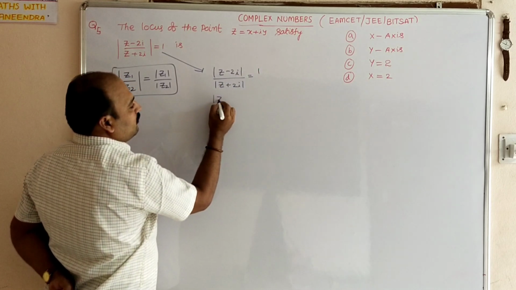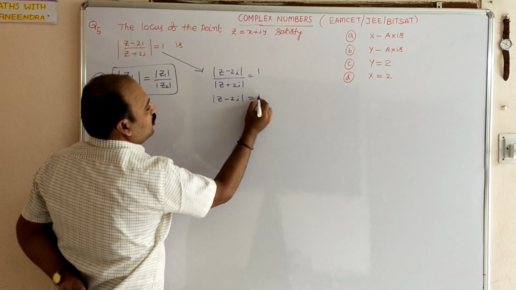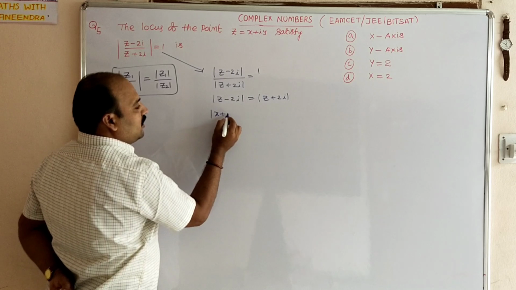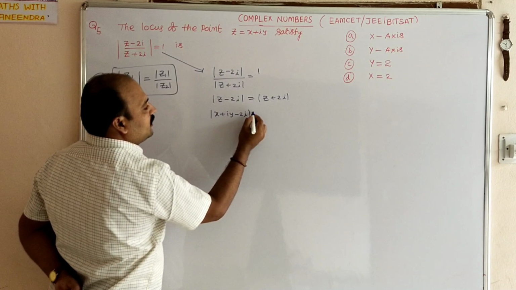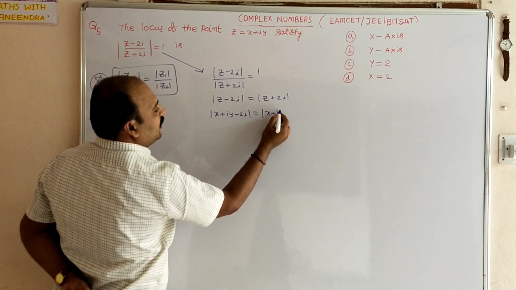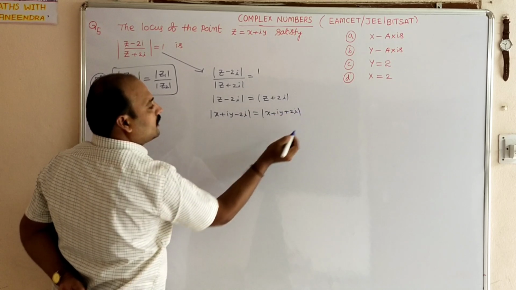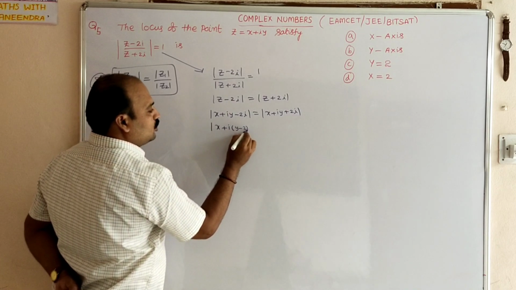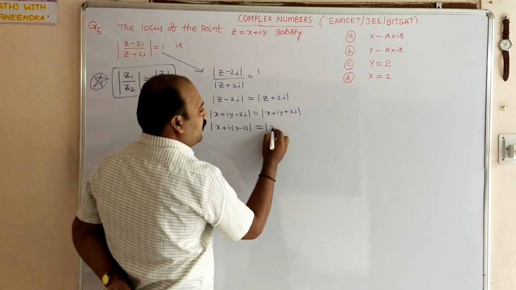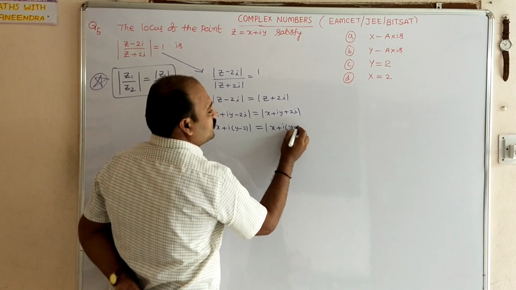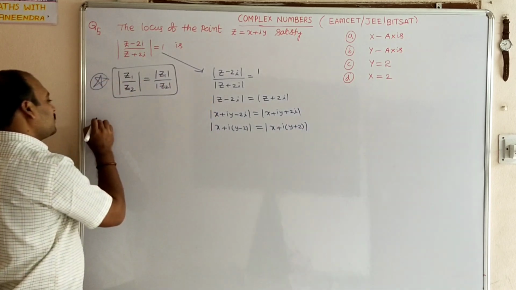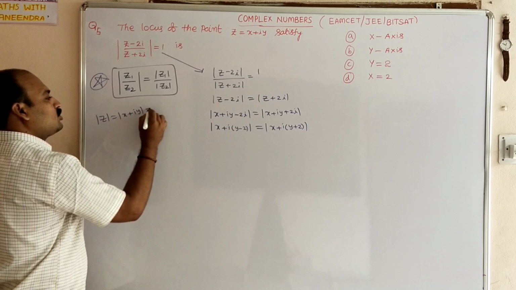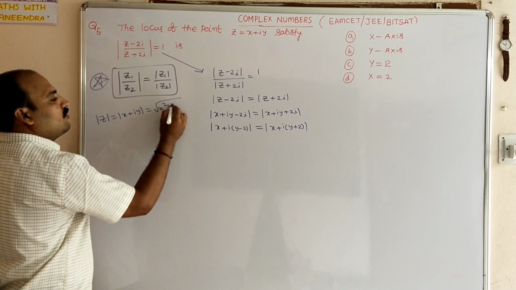So by cross multiplying, mod (z minus 2i) is equal to mod (z plus 2i), where z is equal to x plus iy. So mod of x plus iy minus 2i is equal to mod of x plus iy plus 2i. Taking i common, x plus i(y minus 2) is equal to mod x plus i(y plus 2). The modulus of a complex number, mod z is equal to mod x plus iy, is square root of x square plus y square, we have the formula.